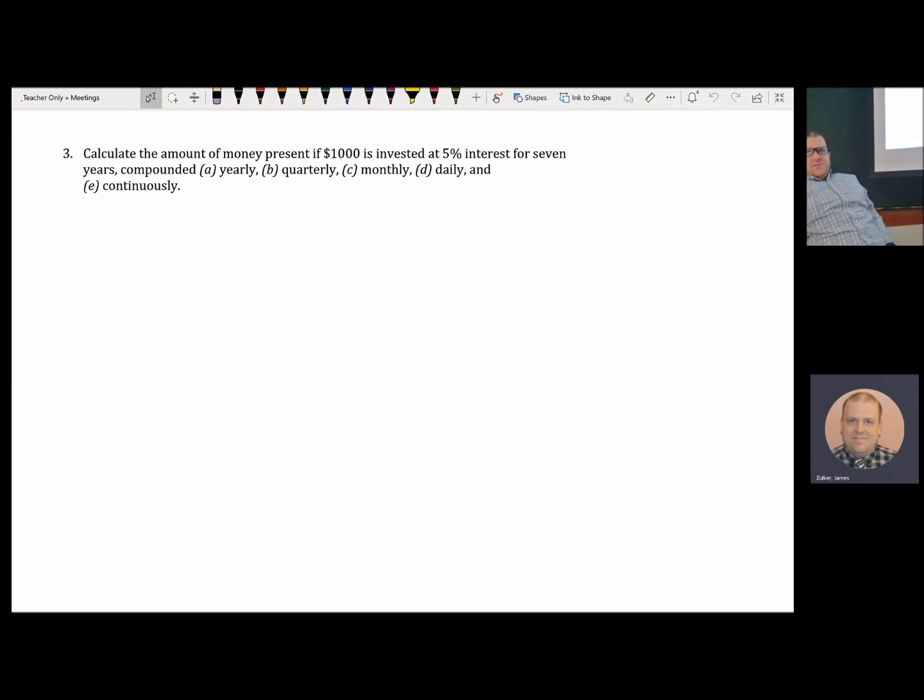Compound interest. One of my favorite applications.